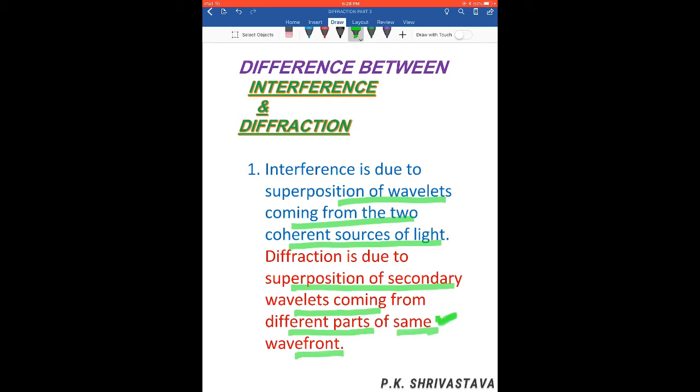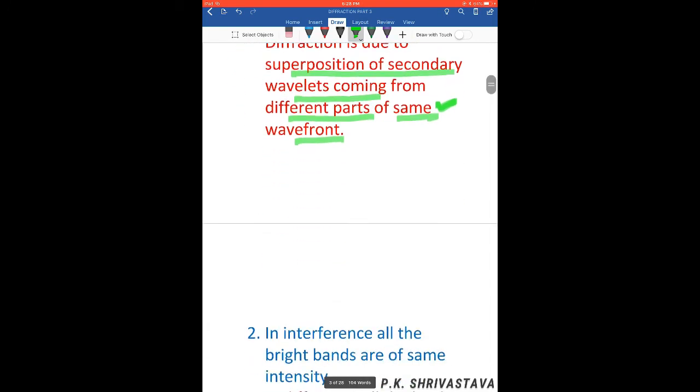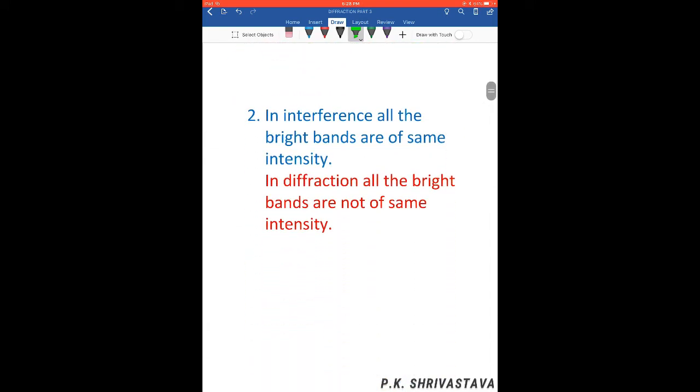This same wavefront is important because in diffraction the different points of the wavefront act as sources of secondary wavelets, and secondary wavelets from these different points superimpose one another and give rise to intensity variation that is known as diffraction pattern. The next difference is, in interference all the bright bands are of the same intensity.